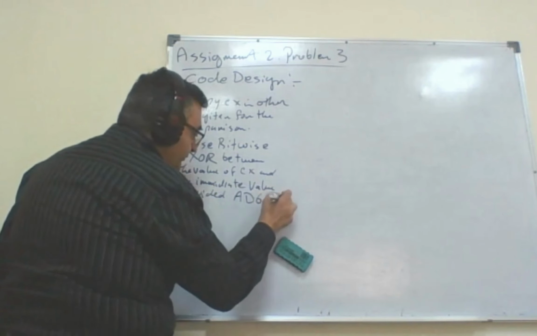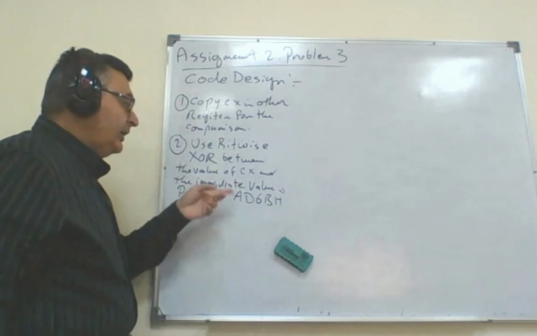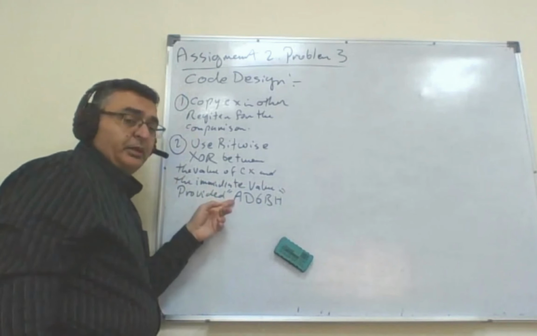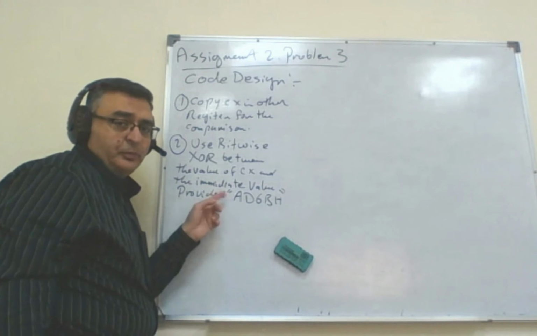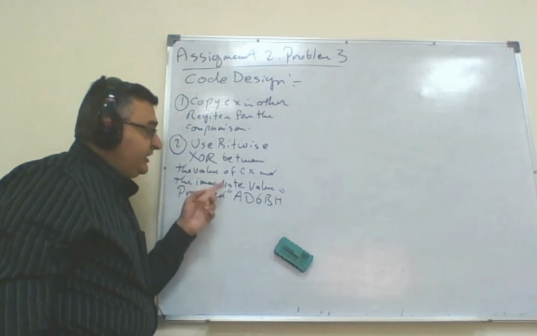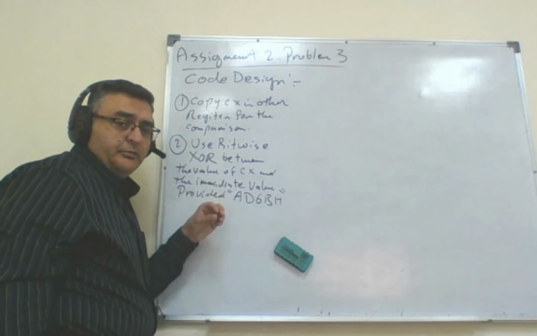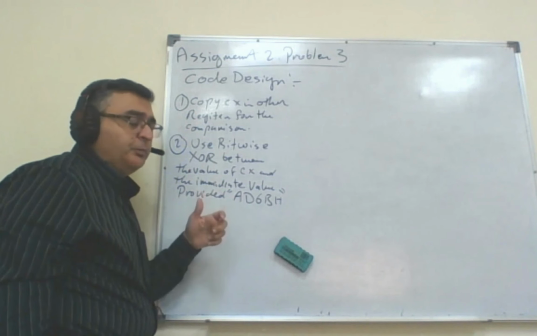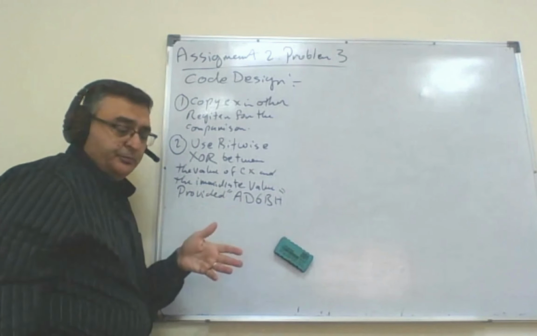It makes no difference. Any value he gives me, I can just use the XOR. That means each bit that is not equal or not matched between the CX and this number, the XOR will give an output of 1. If they are matched, it will give me a 0.